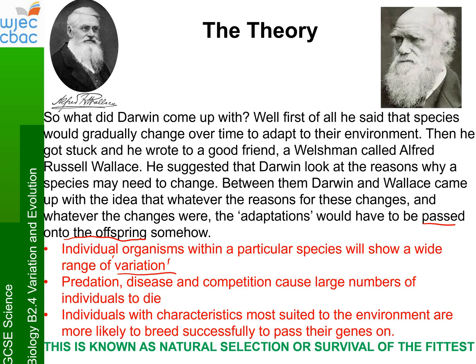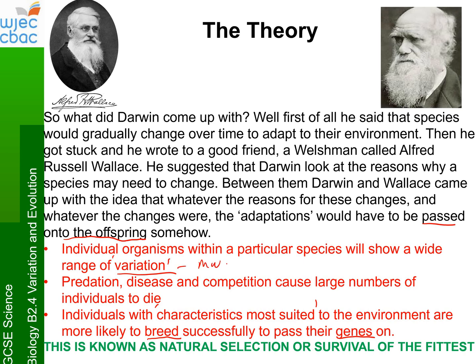That you will have predation, disease, and competition will cause some of these individuals to die. But it's the individuals with characteristics that are most suited to the environment that are more likely to breed and pass their genes on.